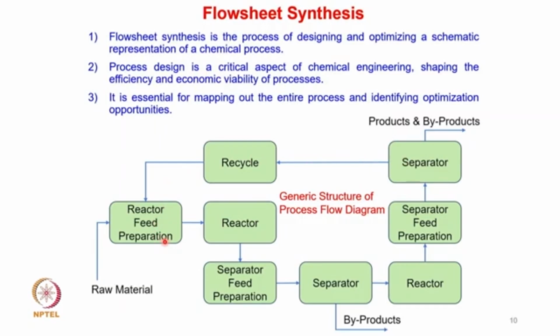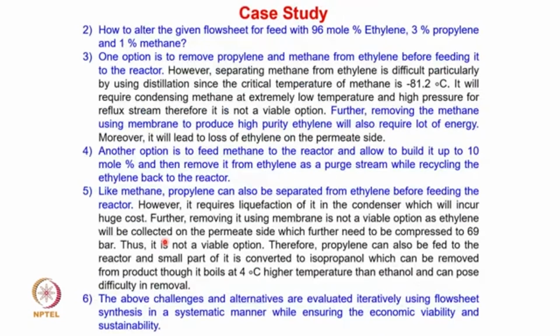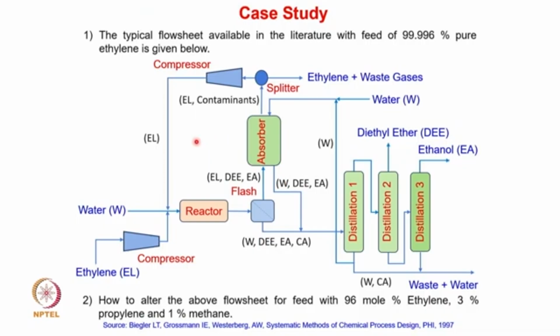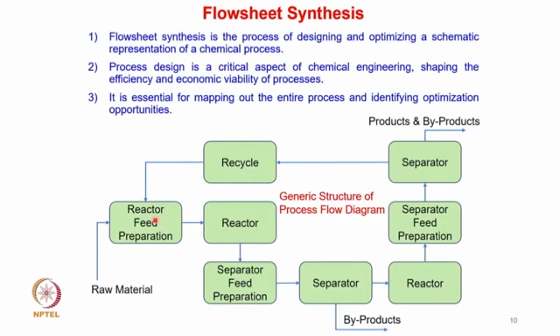So if you look at this generic flow diagram, we can map the given flow sheet onto the generic flow diagram as well. In this case, ethylene is first compressed and then mixed with water. All these initial feed preparation units we can consider together, so the reactor feed preparation units in this case will be the compressor and mixer.